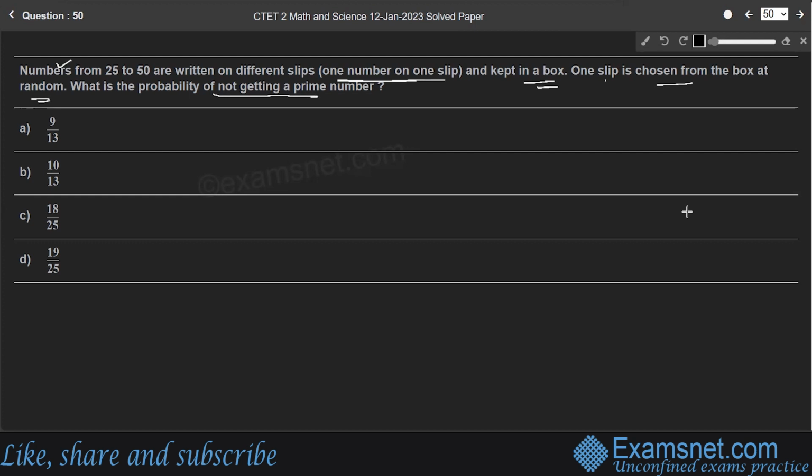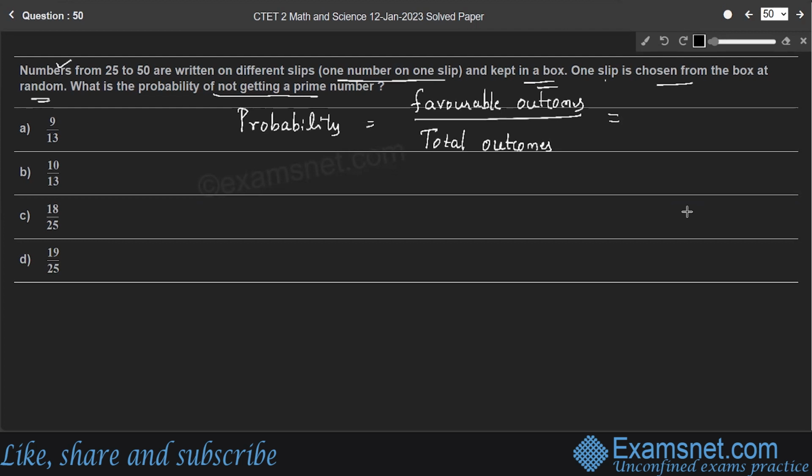So students, before going to the numbers, we'll consider the probability formula, right? The probability is the favorable outcomes by total number of outcomes, favorable outcomes divided by total outcomes. So here, what are the favorable outcomes?